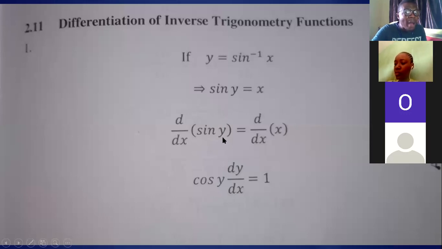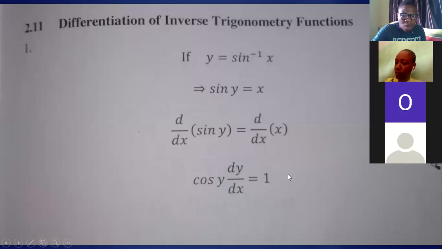Cos y. However, because it's y, you will still have your dy dx. You understand this idea? I already explained this concept, why you have your dy dx here. Yes, sir. Now what we are looking out for is dy dx. That means you divide all through by cos y. So your answer will now be equal to what? dy over dx is equal to 1 over cos y. Is that clear?